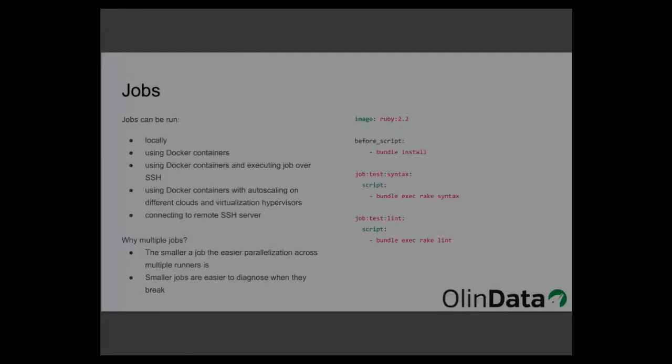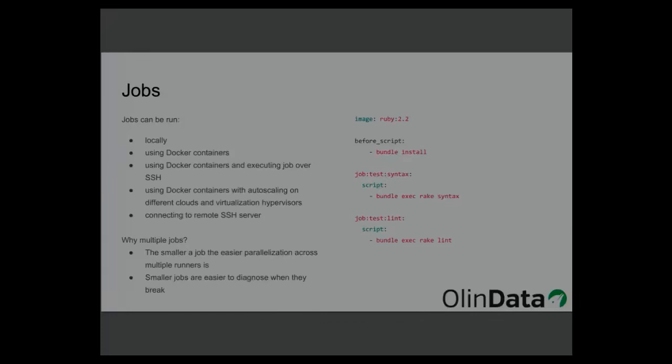The first one is that these jobs can now run in parallel. If you have multiple runners available, these jobs can run in parallel, cutting your build time in theoretically half. It won't be exactly half, but it cuts your build time.